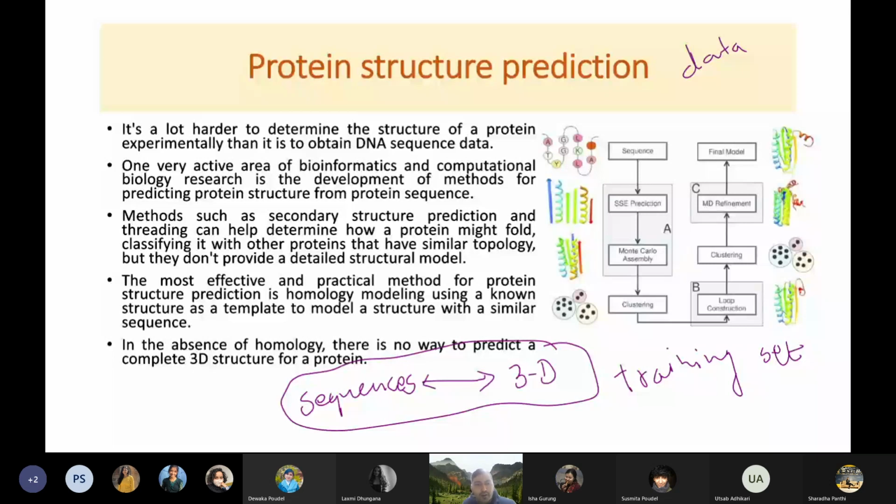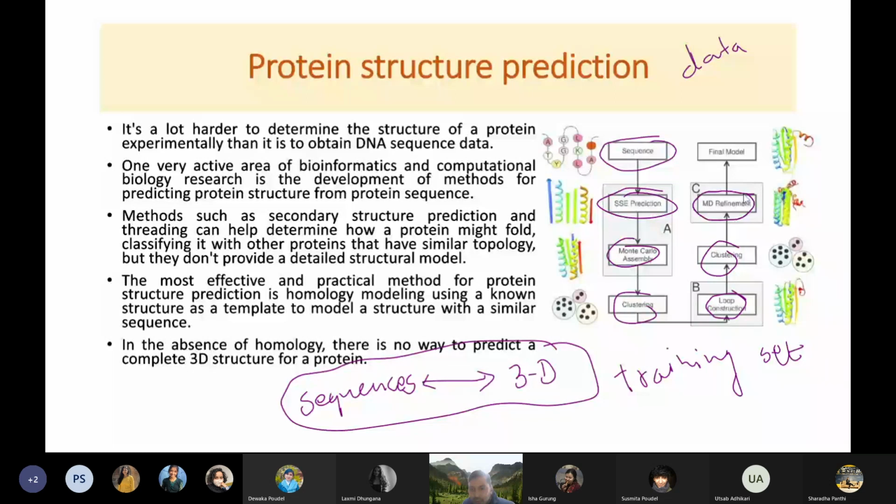So on the basis of that, what we can do is that sequence, and we will do the secondary structure element prediction, and then we will do a further Monte Carlo simulation, and then we'll come up with other random ways this can arrange, and we can do the clustering, and some loop construction and then clustering, and then we'll do molecular dynamics, and then we'll do some refinement.